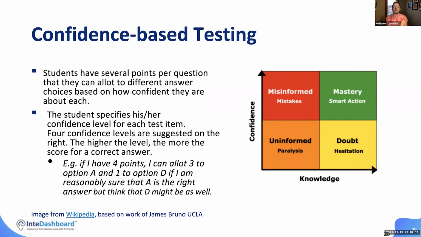They are absolutely wrong that the sky is yellow, but they are very confident in that fact. That is an example of a misinformation mistake versus mastery, which would be: the sky is blue, I know it is blue because, and the confidence aligns with the correct answer there.